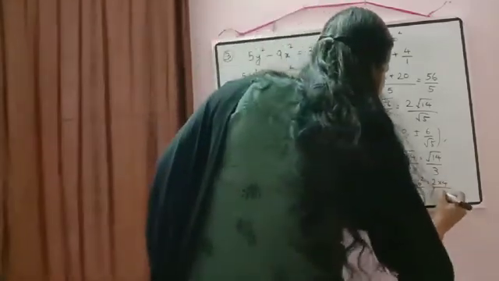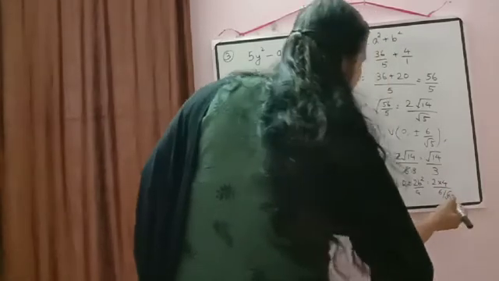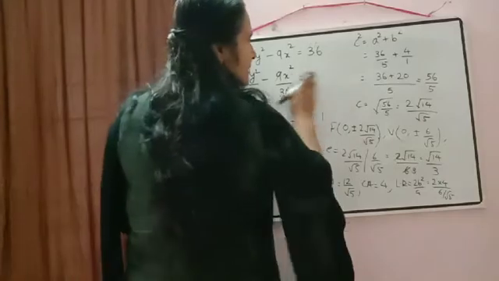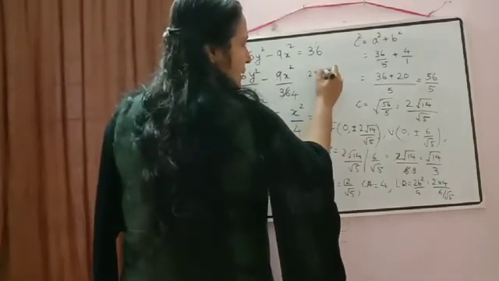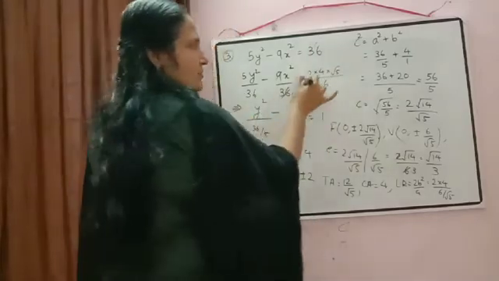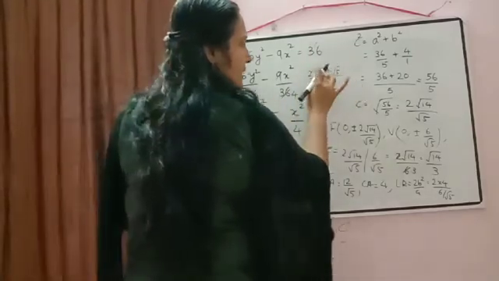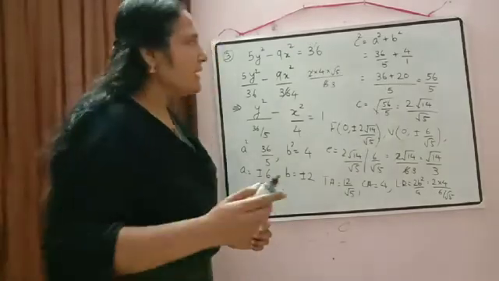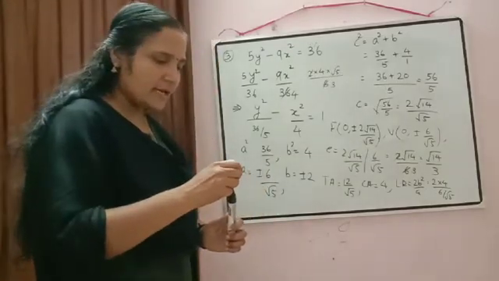A is equal to 6 by root 5. Now when we change the division into multiplication, it will be equal to 2 into 4 into root 5 by 6. So 2 and 6 we can cancel. Then it will be equal to 4 root 5 by 3. I think this question is clear.